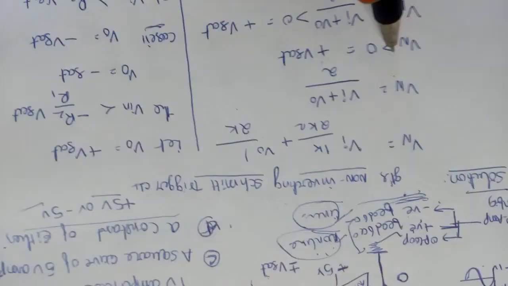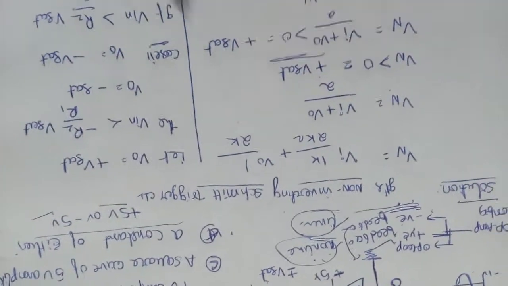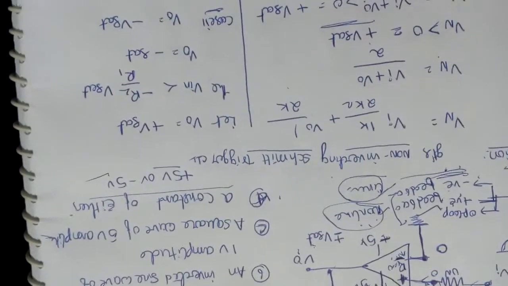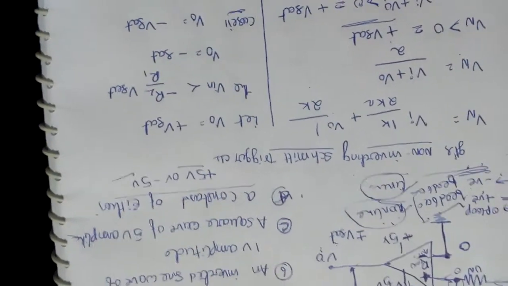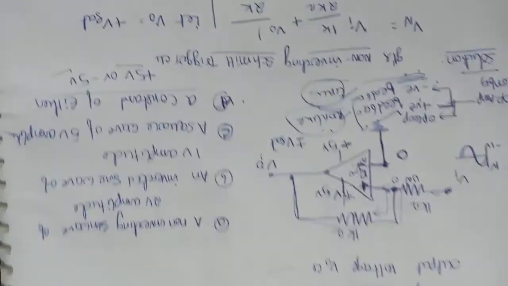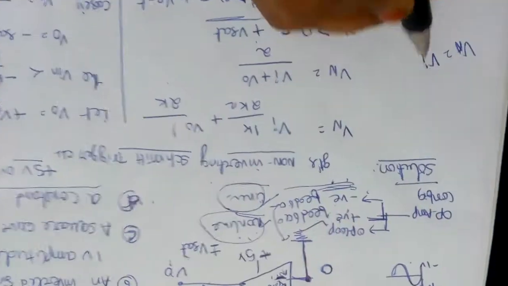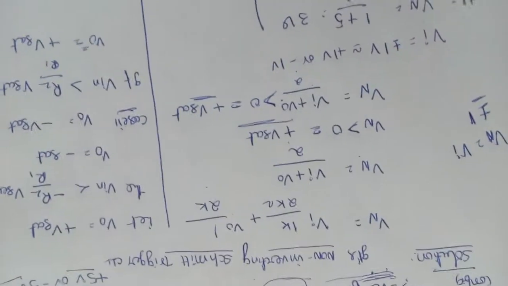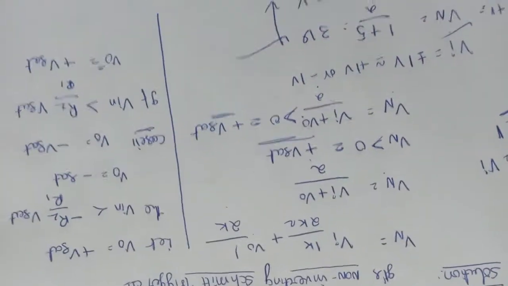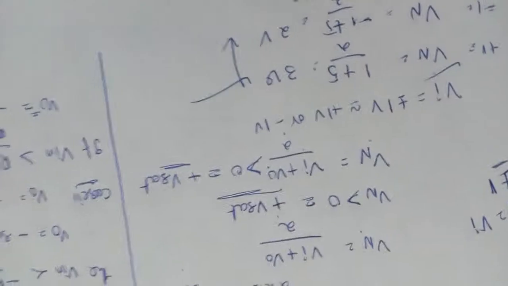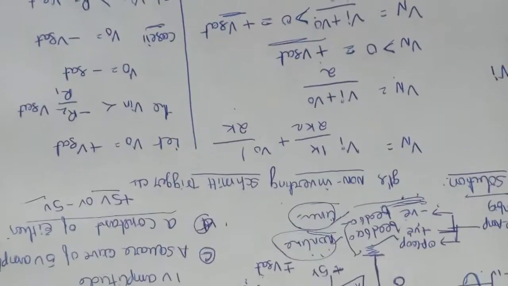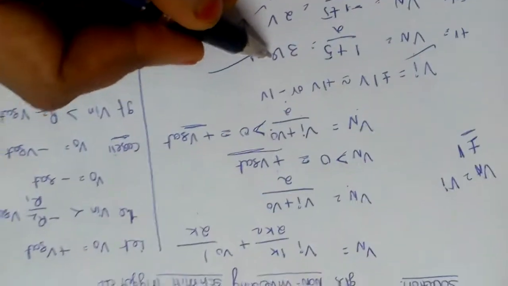If Vi is greater than 0, the output is plus Vsat. So Vn, which is Vi plus V0 by 2, greater than 0 gives plus Vsat. But here Vi is plus or minus 1 volt. So when Vi is plus 1 it is 3 volts, and when Vi is minus 1 it is 2 volts. So it always swings between 3 and 2 volts.